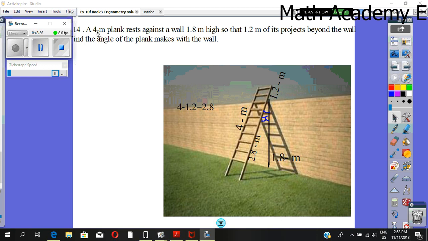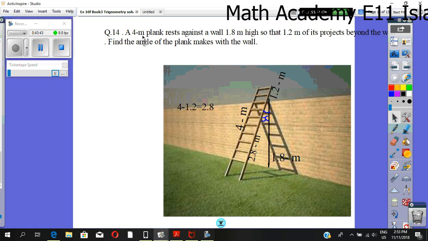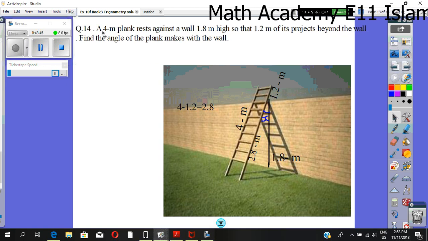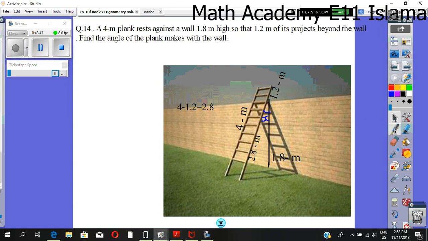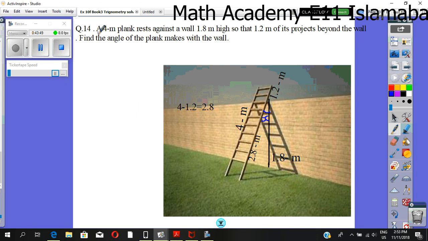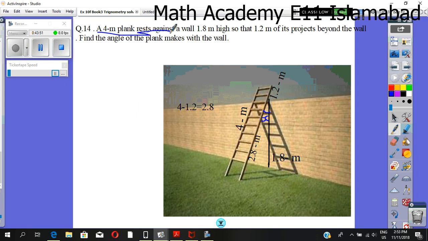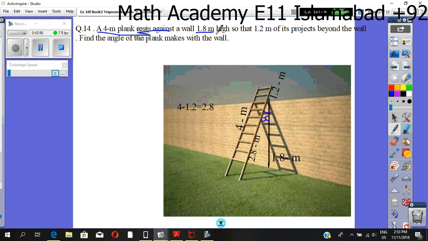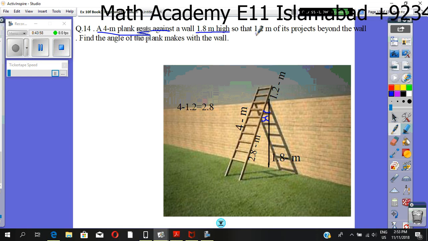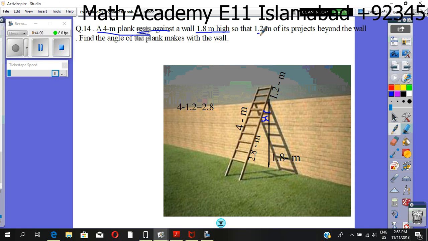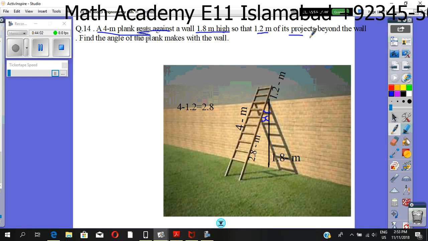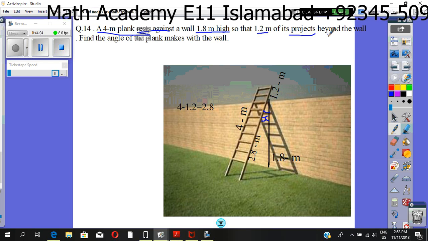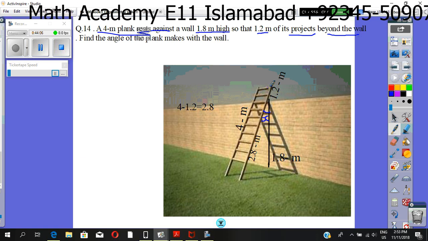Here we have another question. A 4-meter plank rests against a wall, which is 1.8 meters high, so that 1.2 meters of it projects beyond the wall, means a little above, just like here.